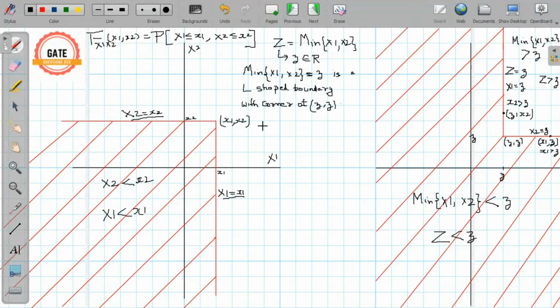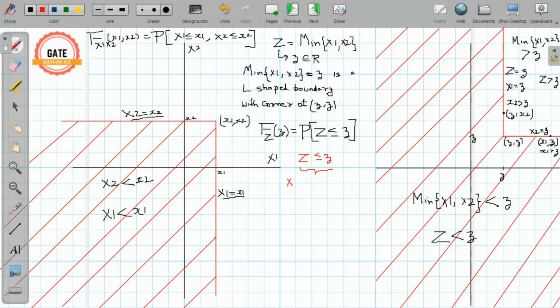So the CDF of capital Z, we can write it as F capital Z of small z, will be equal to the probability that capital Z lies in the region capital Z is less than or equal to small z. Now if we observe the region capital Z less than or equal to small z, you can clearly see from this that it is the union of two regions.